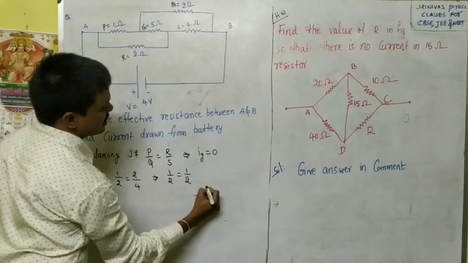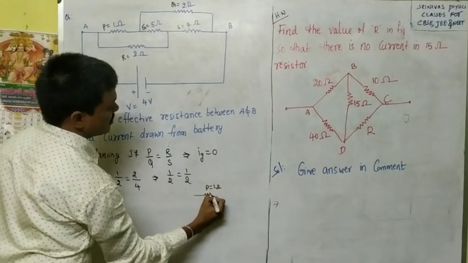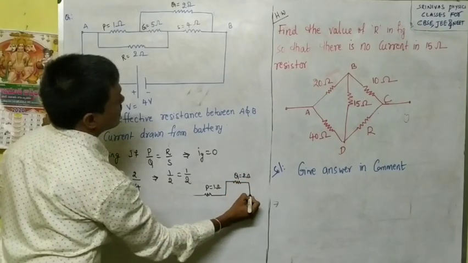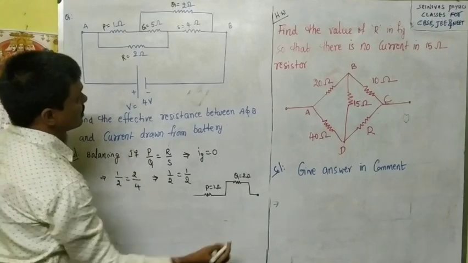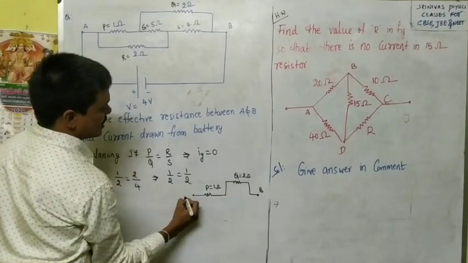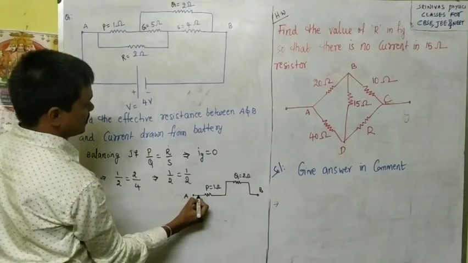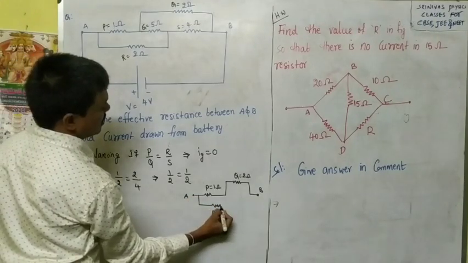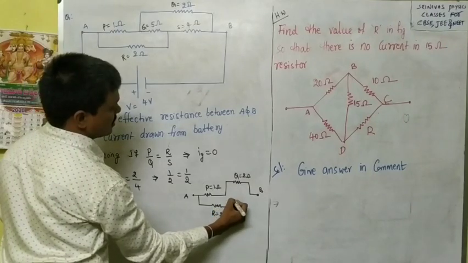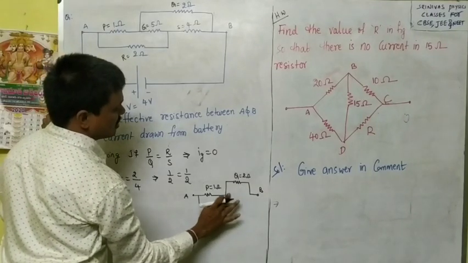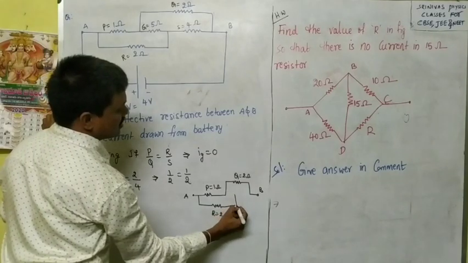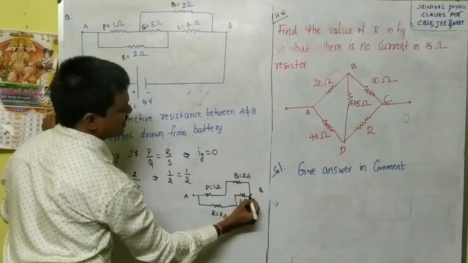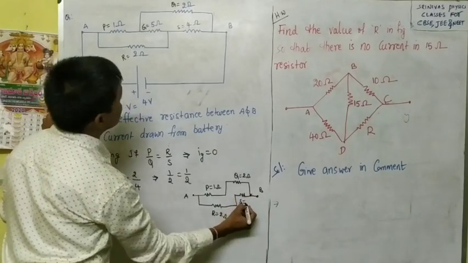This is P, 1 ohm. Next this is Q, 2 ohm, connected to B, and this is A. On the other side, this is R, 2 ohm, and next this is S, 4 ohm.